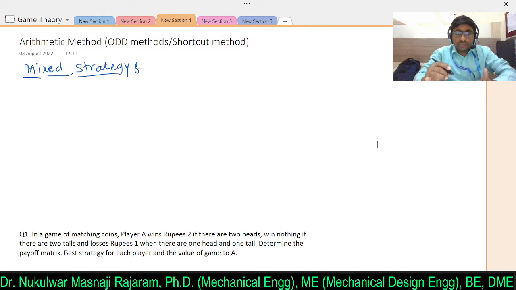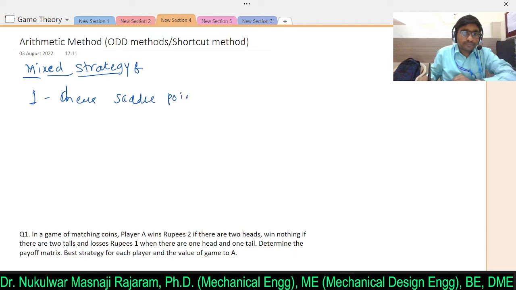Rule number 1 was to check for the saddle point. So the first rule is check saddle point. Rule number 2 is apply dominance principle, and the third rule is mixed strategy.